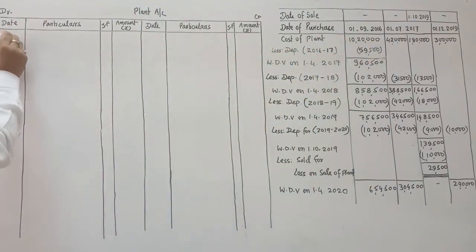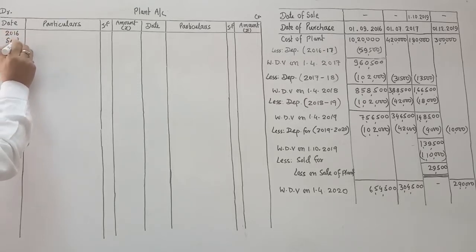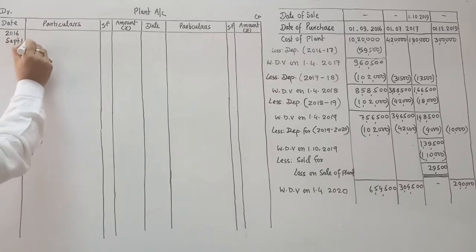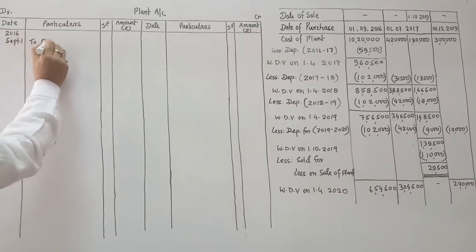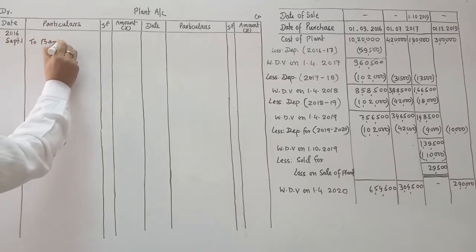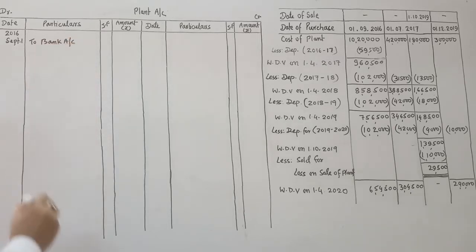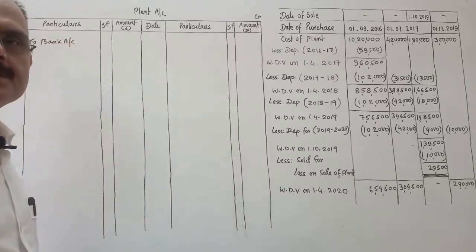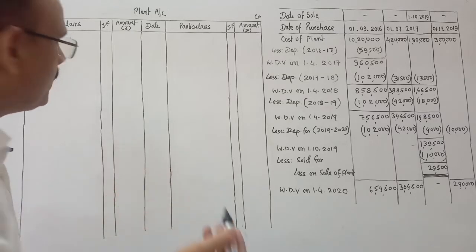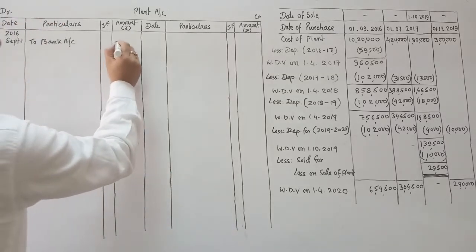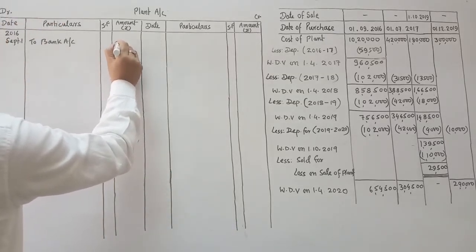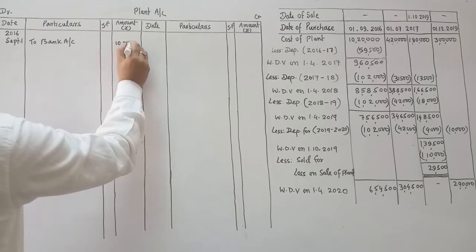First of all we will write the year 2016, September 1st. When we purchase the plant, the entry is plant account debit to bank account. So to bank account we have purchased for rupees 10,20,000.